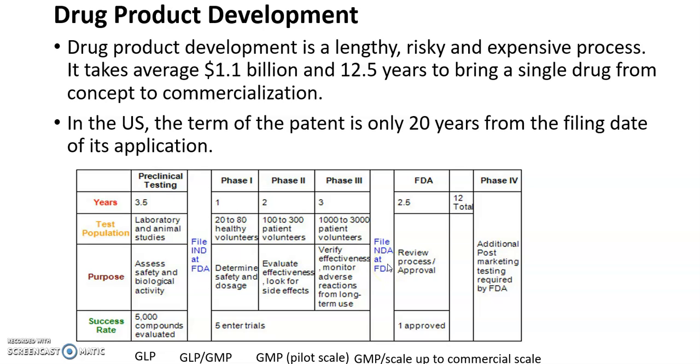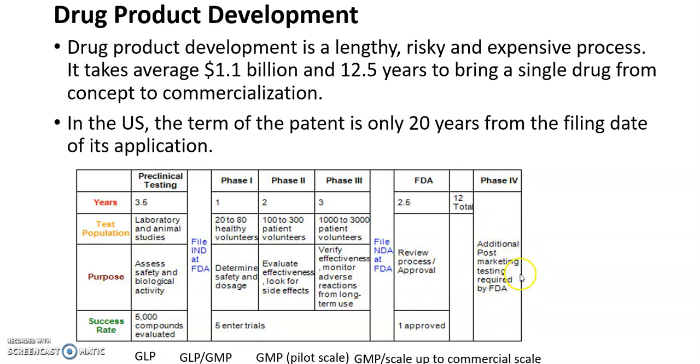Only then can you put your drug on the market. And then it's not the end. Phase 4 is after putting your drug on the market. You have to put in place post-market surveillance for any kind of side effect or issues among the patients. You'll probably have to set up a hotline, a 1-800 number, or a website. If there's a problem, they will contact you. Okay, so that's that.